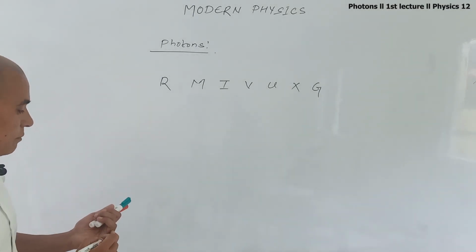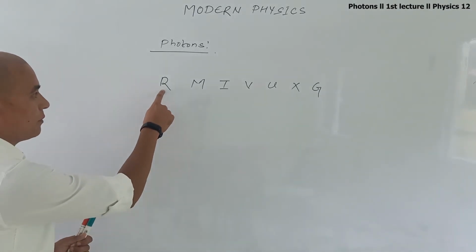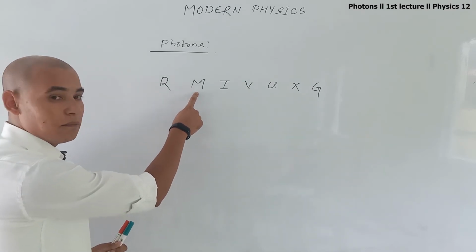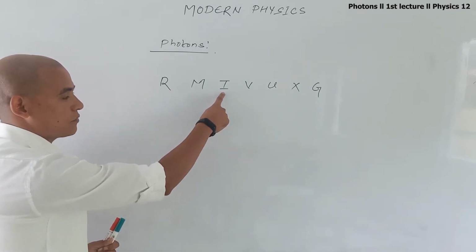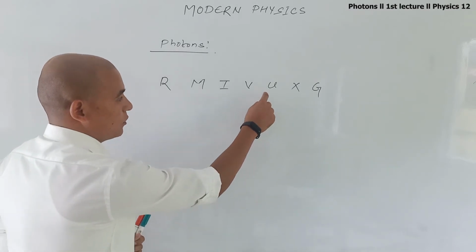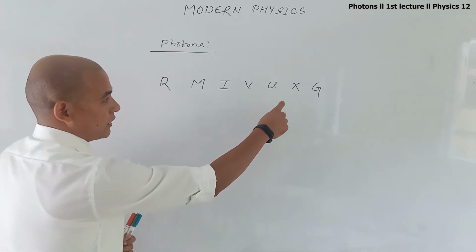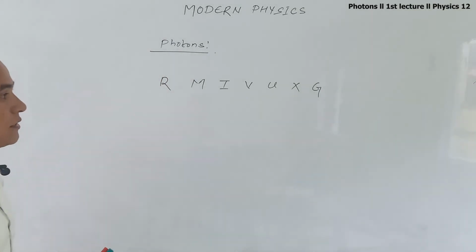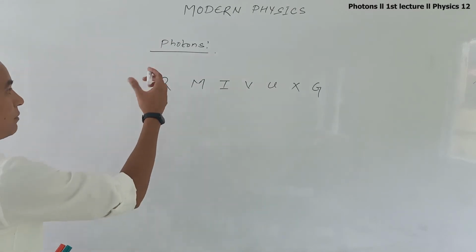R represents radio wave, M microwave, I infrared, V visible ray, U ultraviolet ray, X X-rays, and G gamma rays.